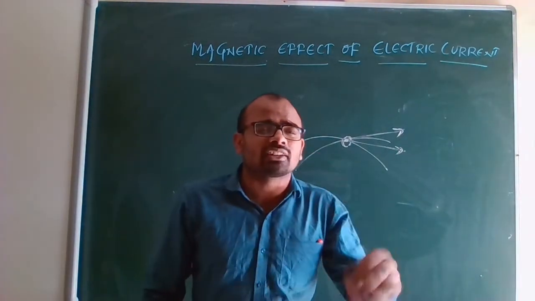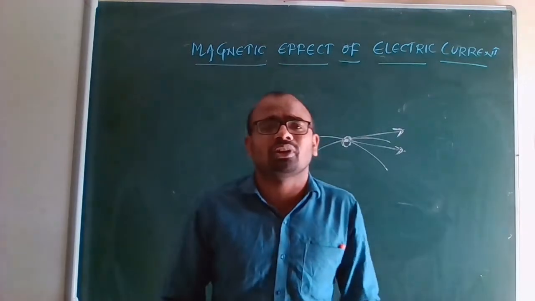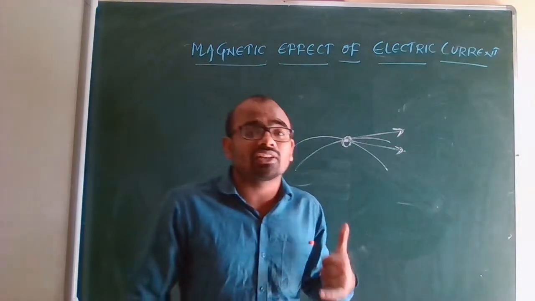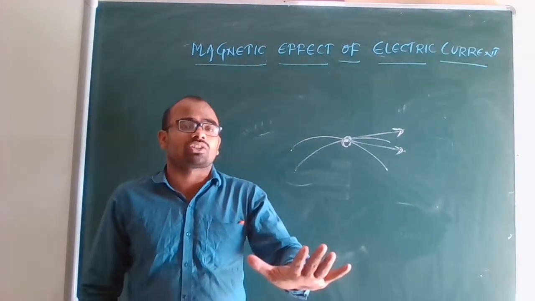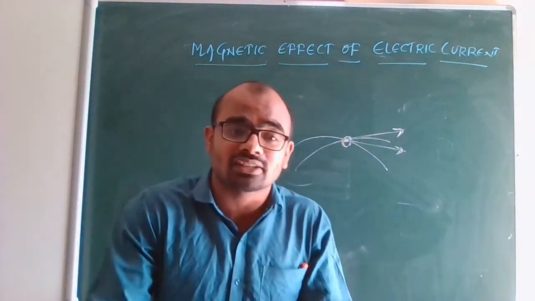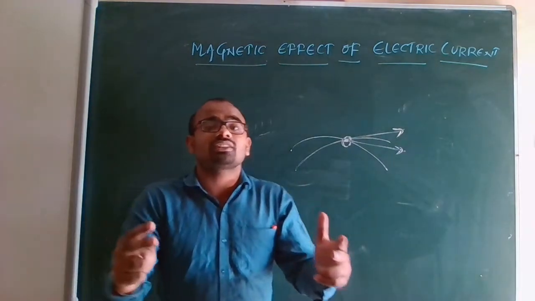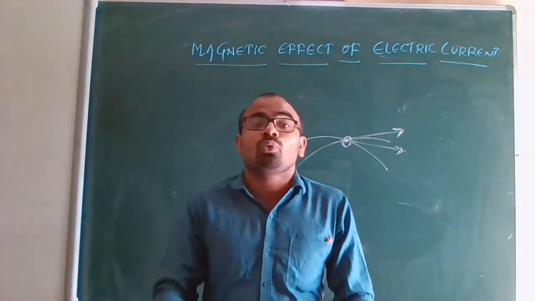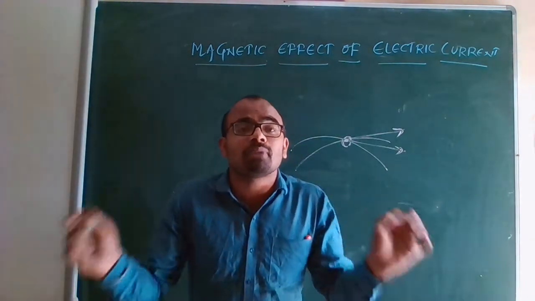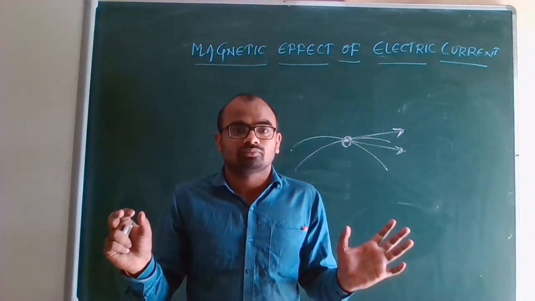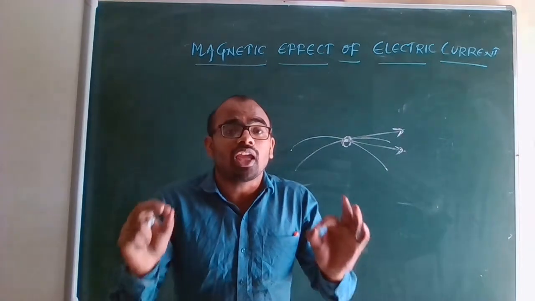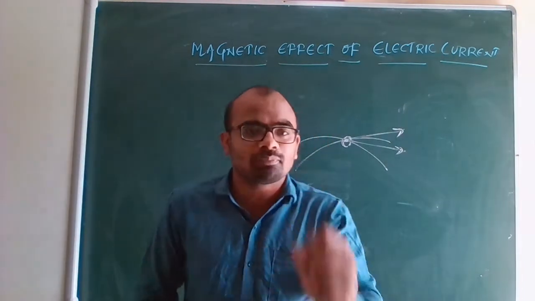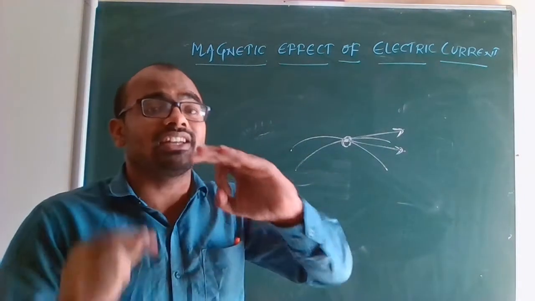Magnetic field or electric field, whatever, vector quantities have only one direction. So a magnetic field can never have two directions. But if two lines intersect, there is a chance that the magnetic field has two directions, which is impossible.